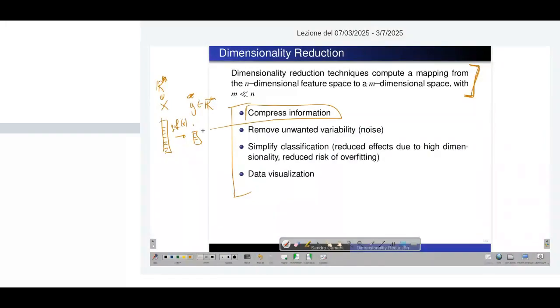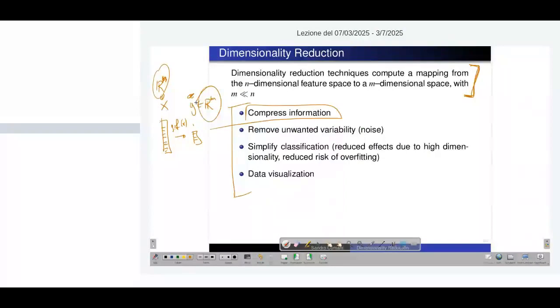Compressing information. As I said, you can see dimensionality reduction as a possible way to perform compression, similar to what you have with zip files, JPEG, or MP3. The only difference here is that the input and output spaces have a fixed dimensionality, while for your MP3 audio, the input space's size depends on the length of the audio, and the output depends on the compression rate.